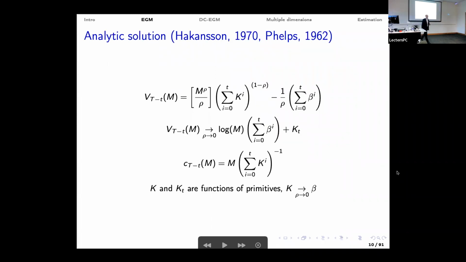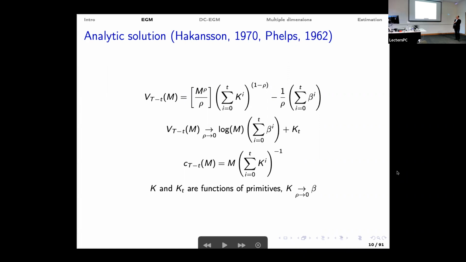Well, this problem, as many of you know, has an analytical solution, which is written right here. And what do we see here? With this intertemporal budget constraint, the optimal policy, the optimal consumption rule, the policy function is just a linear function of M. So at any time, you're taking some fraction of wealth to consume in the period.